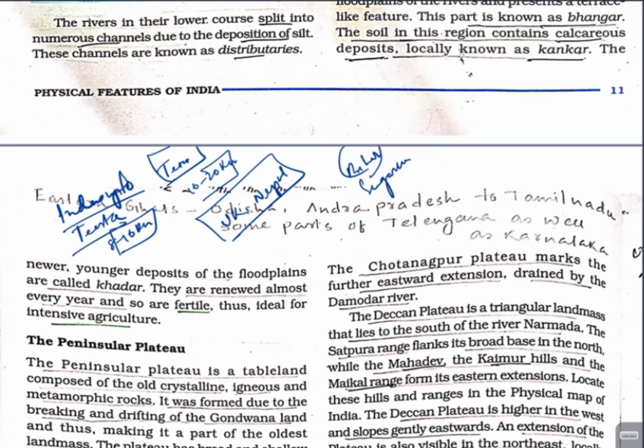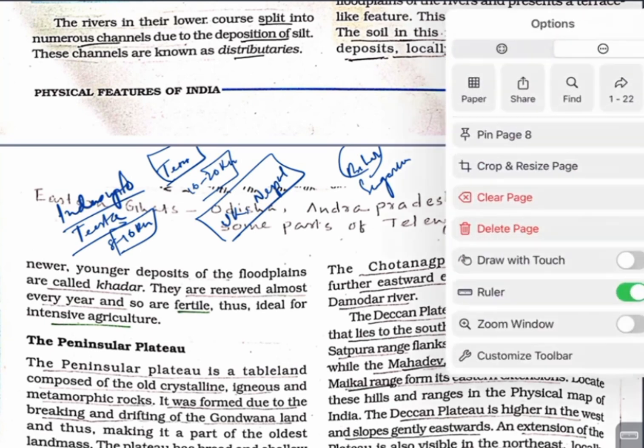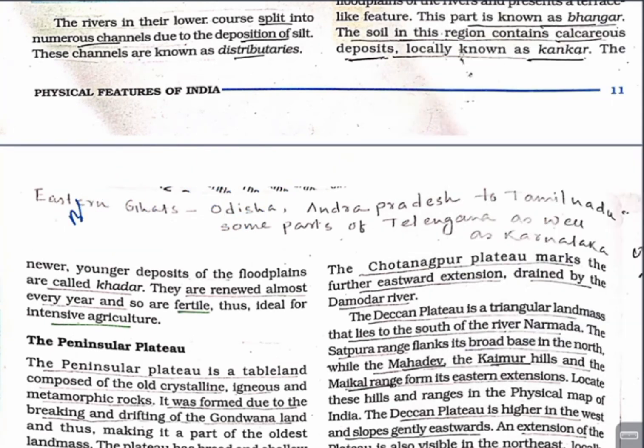Now we'll talk about the Bhangar. I have talked about Terai and Bhavar. Bhangar is the upper alluvial plain of the Ganga and Indus, which stretches from Punjab to central UP.